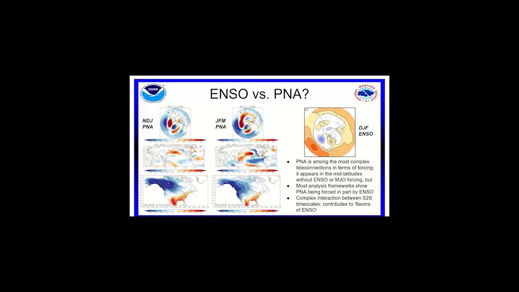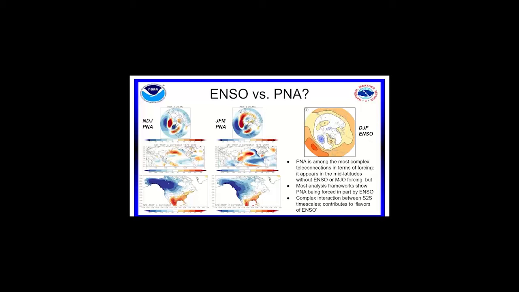It's pretty similar. But the middle pattern is really interesting because the key takeaway here is that if you look across specifically the tropical Pacific, the footprint in the late winter PNA is quite a bit stronger than in the early winter PNA. And so in this analysis framework, that's where we see the most influence of ENSO on the PNA.